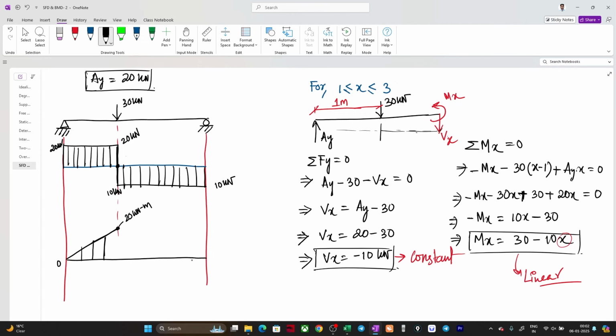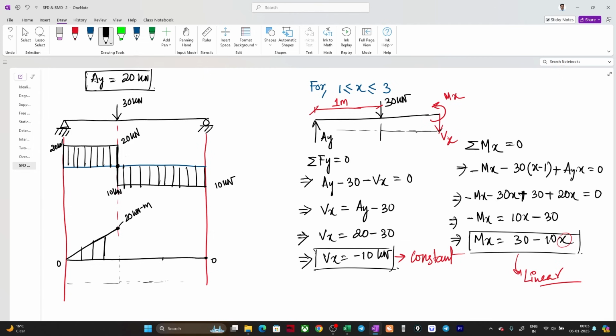Now on the other side, if you put x equal to 3, you can see 30 minus 10 into 3, 30, so it will be 0, which we expect because it's a simply supported beam. Now we can put any value, suppose x equal to 2 meter, so it will be 30 minus 10 into 2, 10.